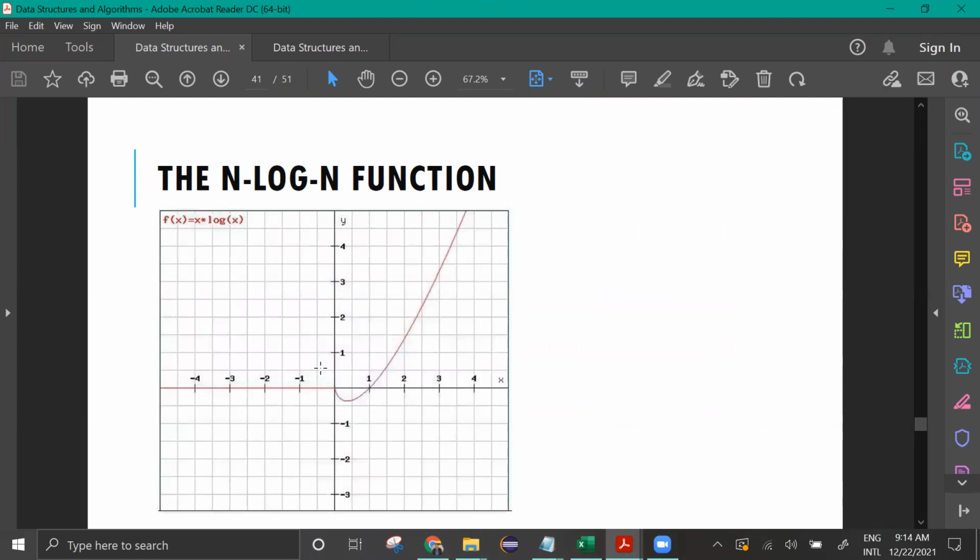So n log n, here I have given x log x, x multiplied by log x. This is how it advances with the x. Right. This is how it advances.